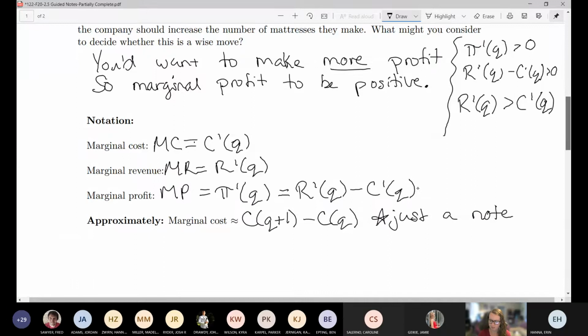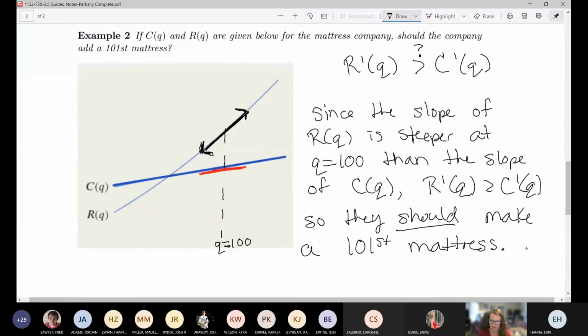Then we did one example where we had to look at the slopes of the cost and revenue functions. Remember, the derivative tells you a slope, and that's super important. We were talking about whether or not they should make an extra item, say the 101st item.